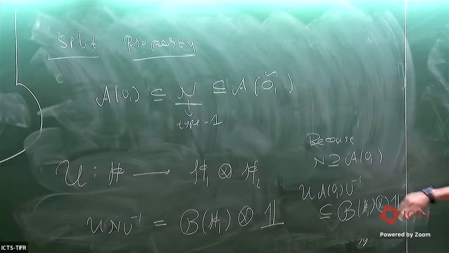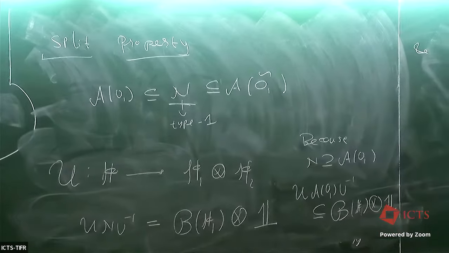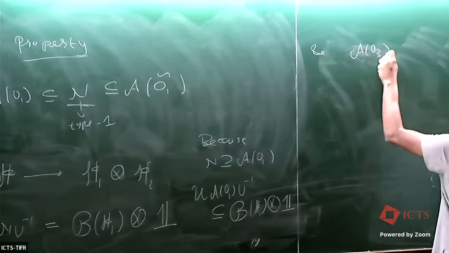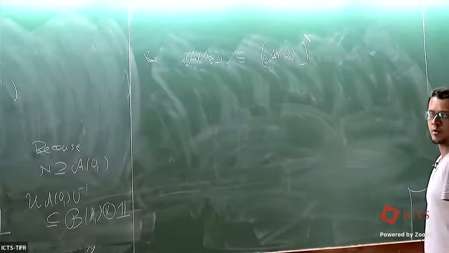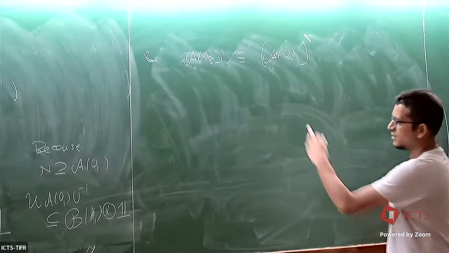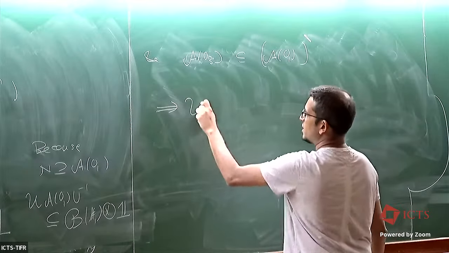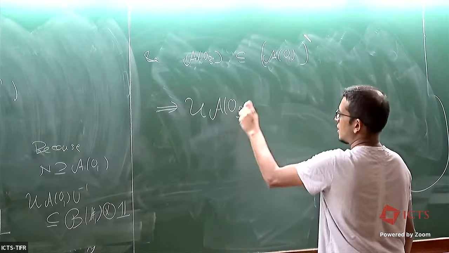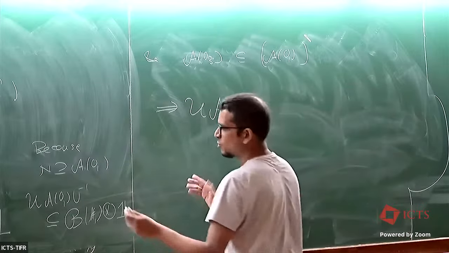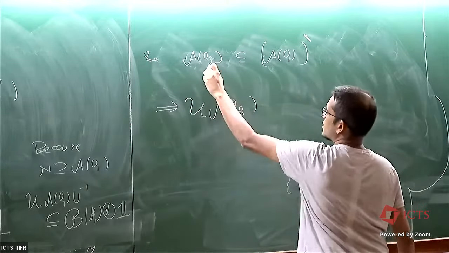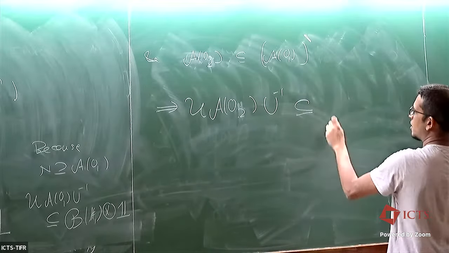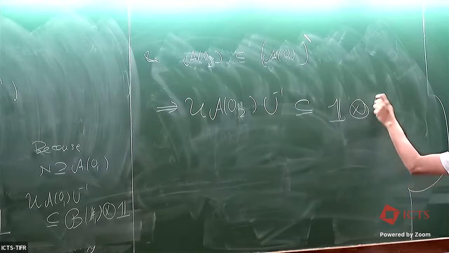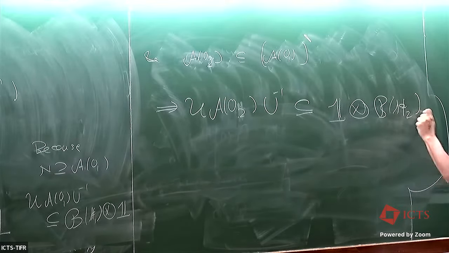And because A03 is a subalgebra of the commutant, because O3 and O1 are causally disconnected, this clearly implies that the same unitary, if it acts on A03, or O2, sorry about that, U inverse is a subalgebra of identity tensored with B(H2).